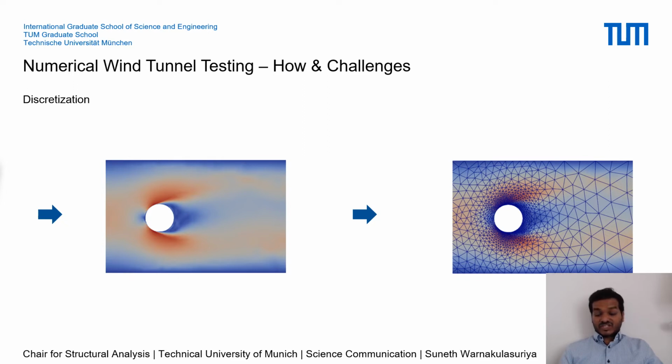But the question is, how are we going to do it? Where to use a lot of elements and where not to, because having a lot of elements of course will increase the accuracy of the solution, but it adds to the computational complexity, which sometimes is prohibitively expensive. So we need to be smart in that. So how to do it? That's another question.